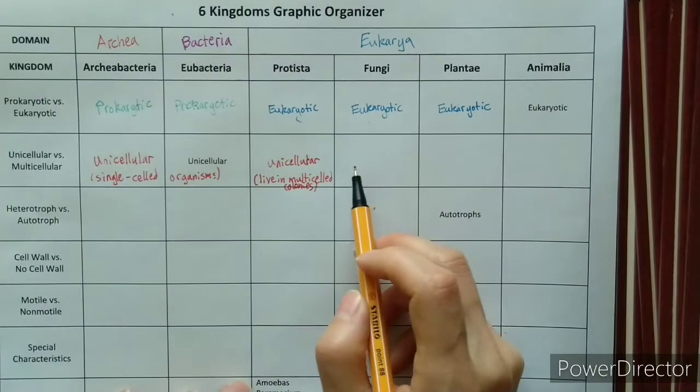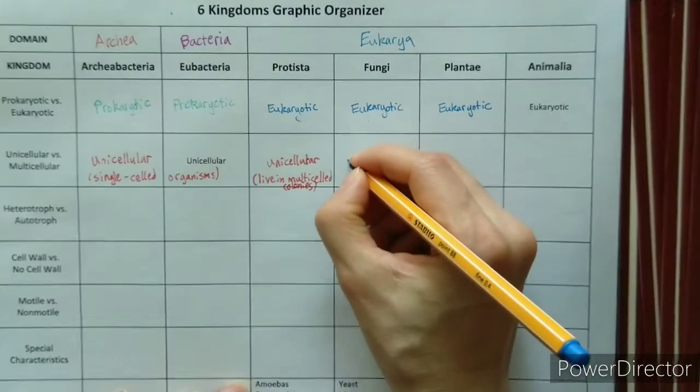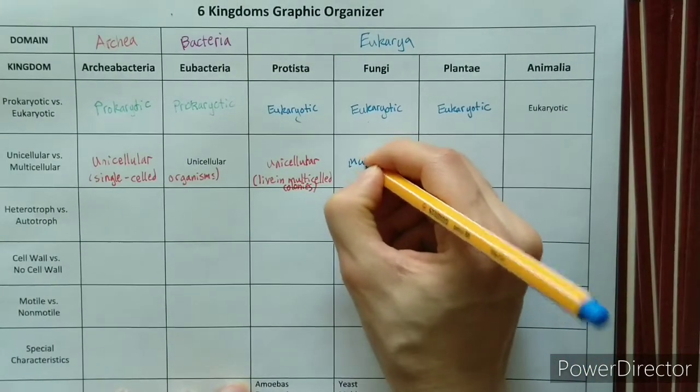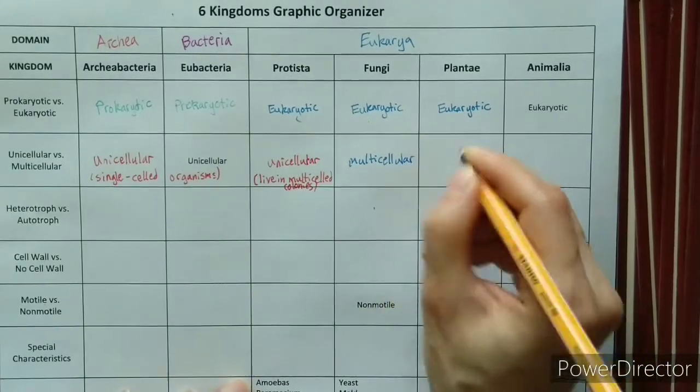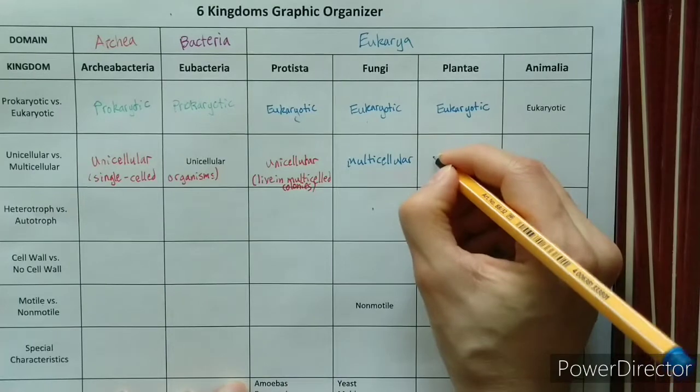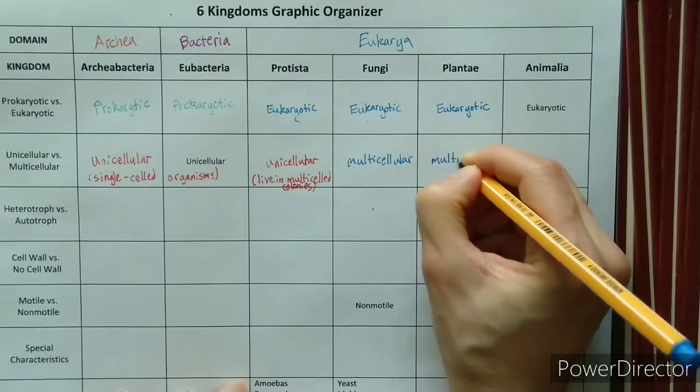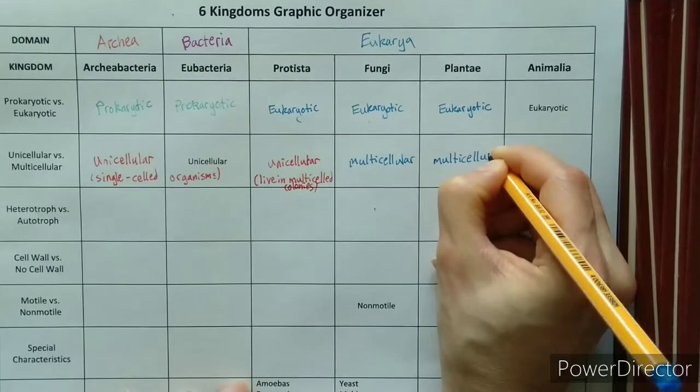Means then, of course, that our remaining 3 kingdoms are multicellular. They're going to have multiple cells in their organisms. If you think about it, a fungi, a plant, an animal, these are all going to be much larger than any bacteria.